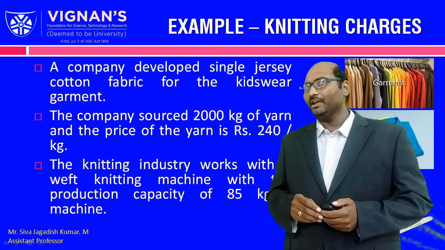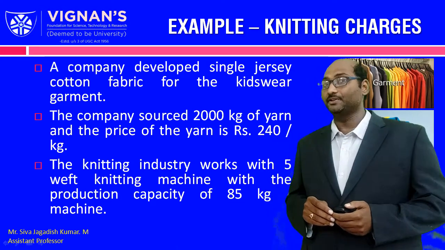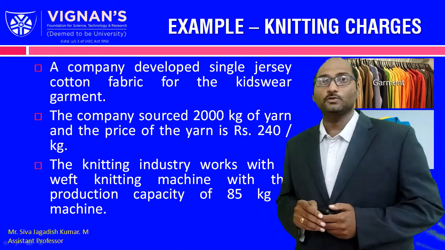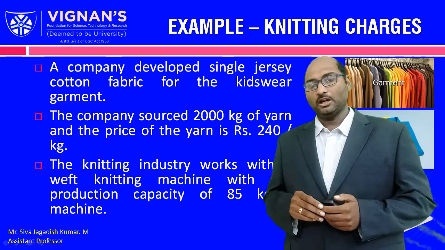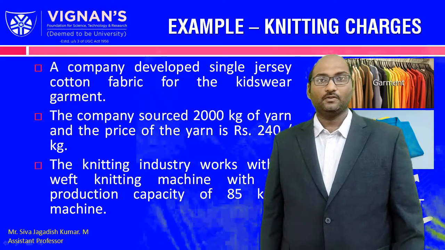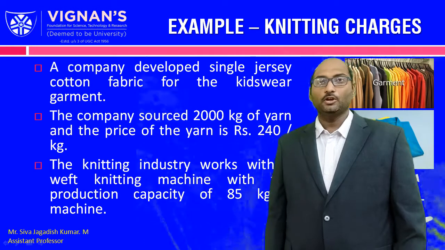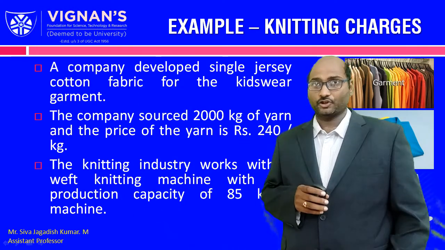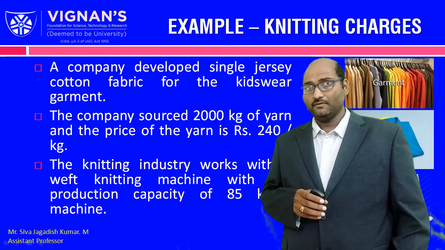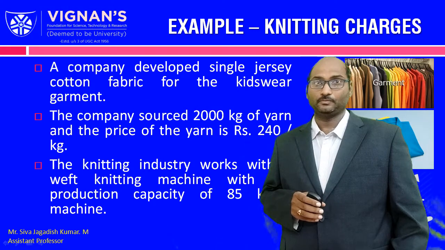A company is developing a single jersey cotton fabric for kids wear garments. The company sourced 2000 kg of yarn, and the price of yarn is 240 rupees. The knitting industry works with 5 weft knitting machines with a production capacity of 85 kg per machine.